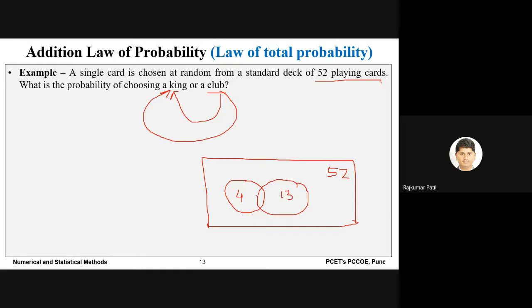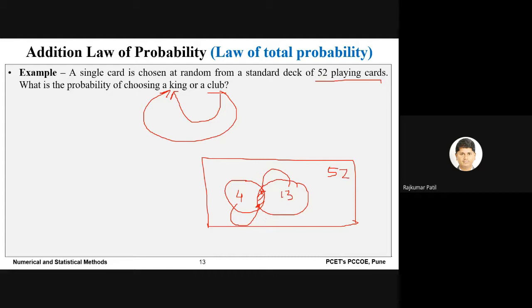And this is the overlapping area. What this means is, the club will have one king, and we know that there are 4 kings, out of which one is a club.